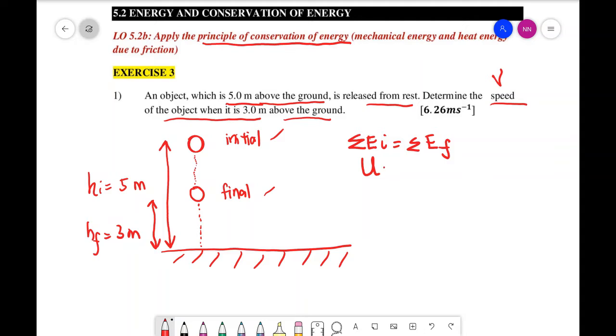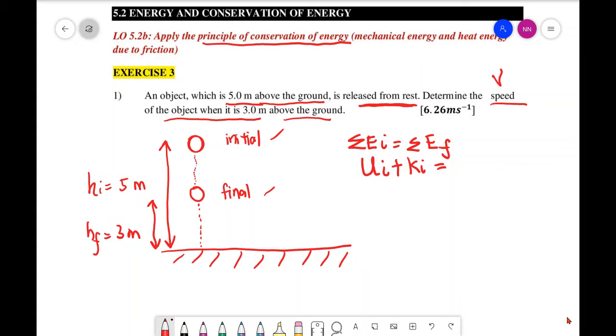It is at rest, so it has no kinetic energy. You may write kinetic energy initial, but substitute 0, or you don't have to write it.